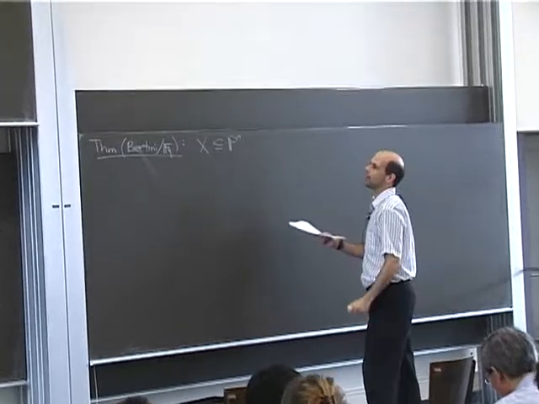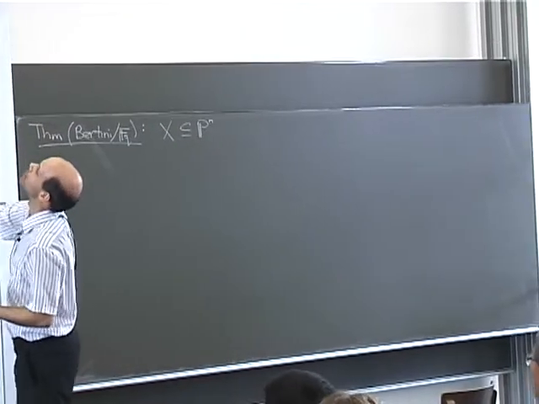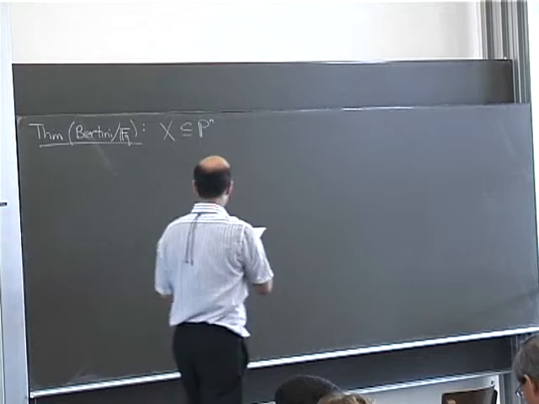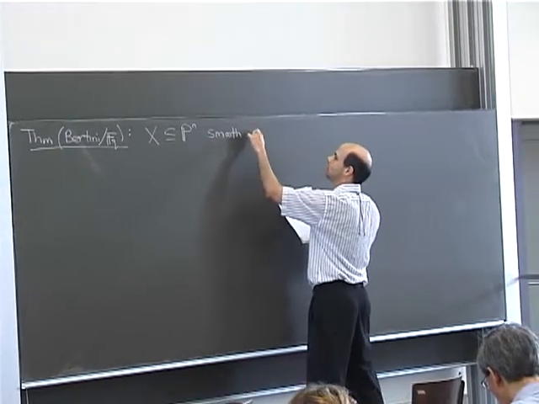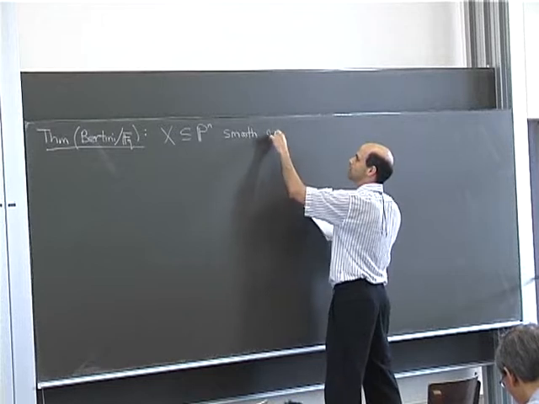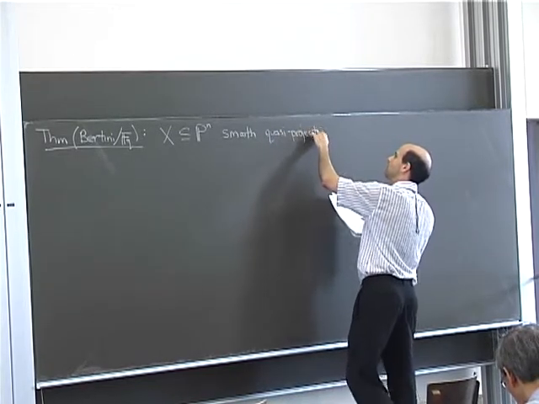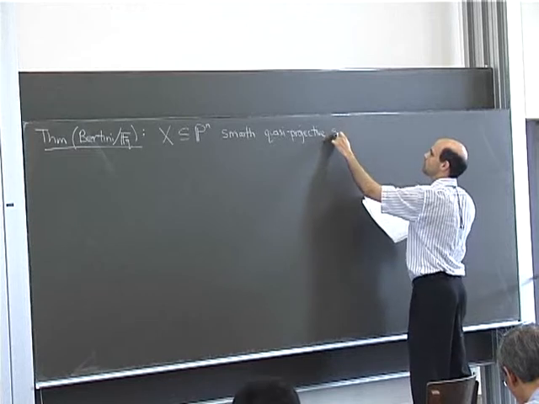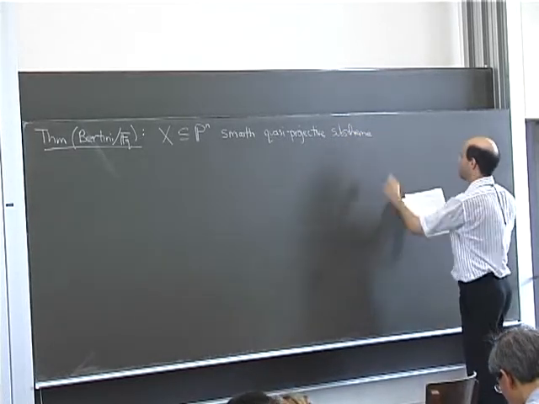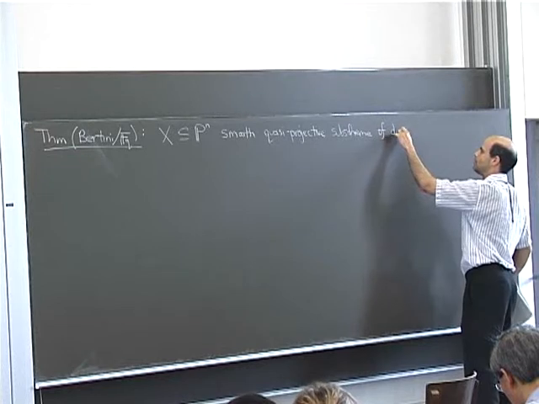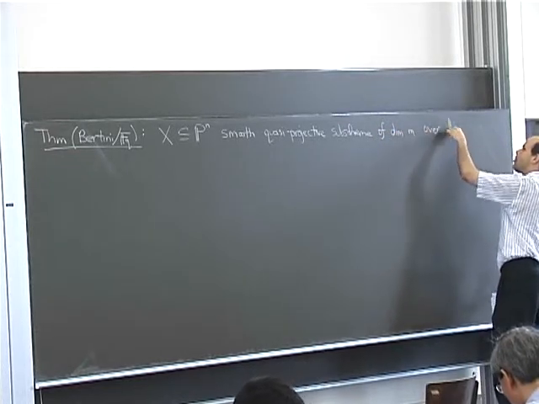Namely, I'll take a smooth quasi-projective subscheme X, and I'll again let m be the dimension, of dimension m over F_q.